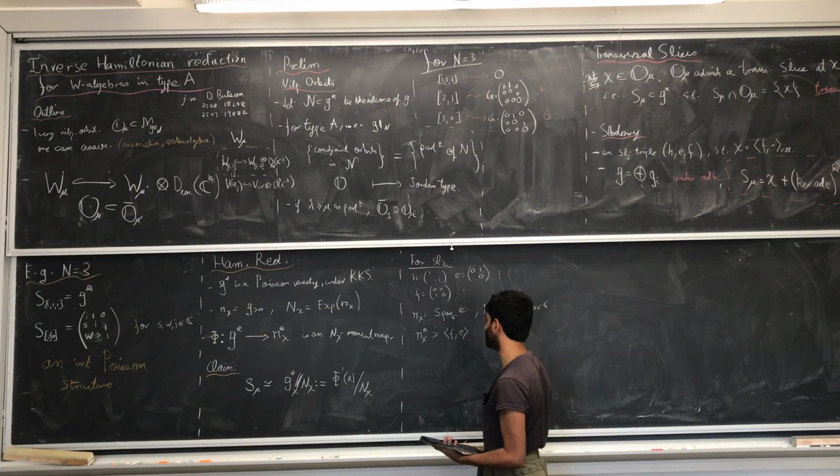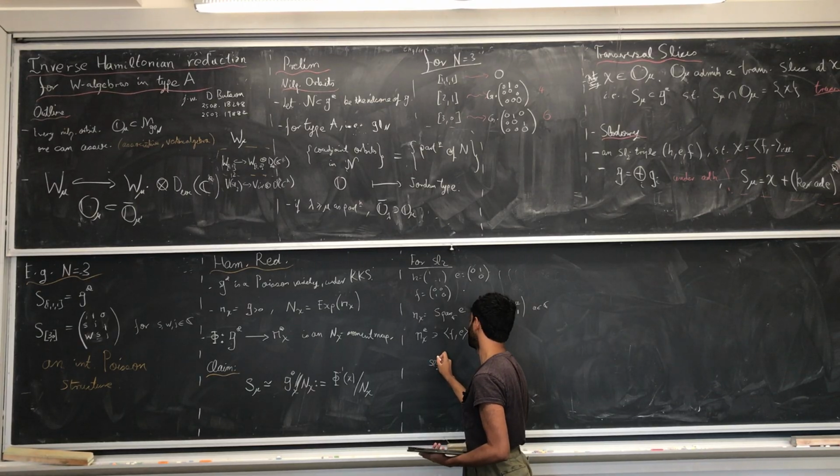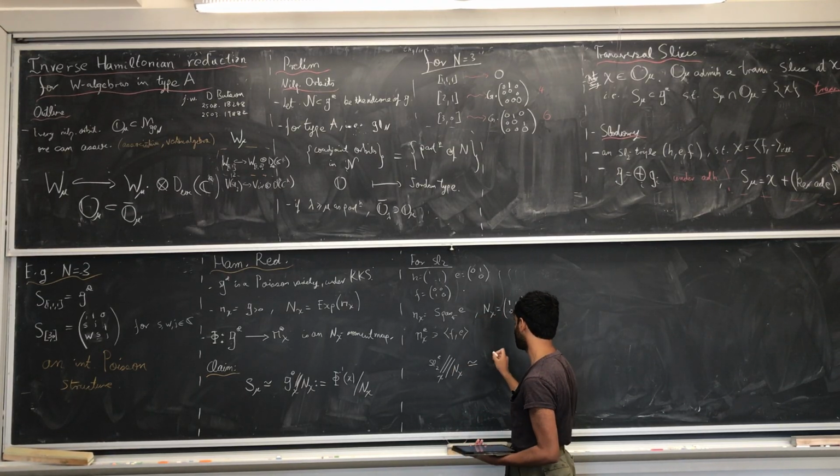And I claim that if you perform this reduction, where I start with SL2 dual at chi mod n chi, then I can identify the resulting space with the image of these things.